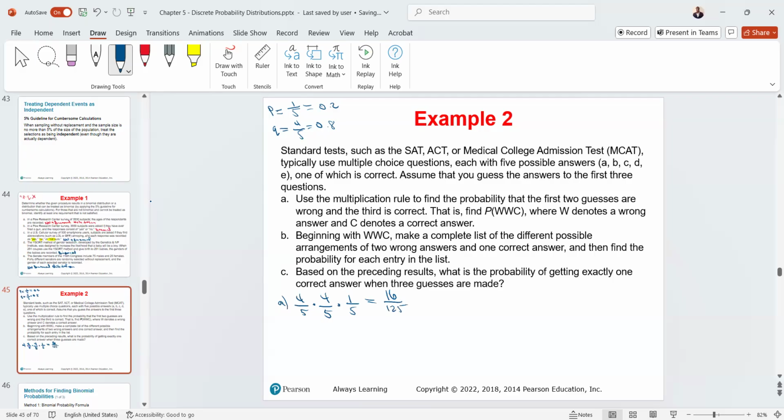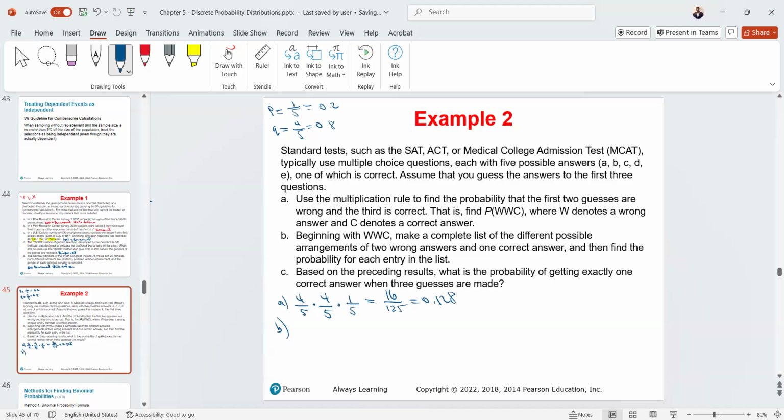I guess that would be 5 times 5 times 5, right? So if you have 16 divided by 125, it gives you 0.128.